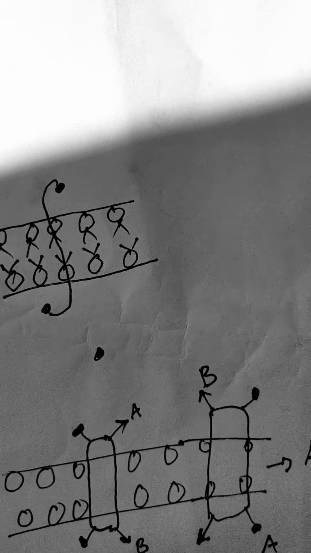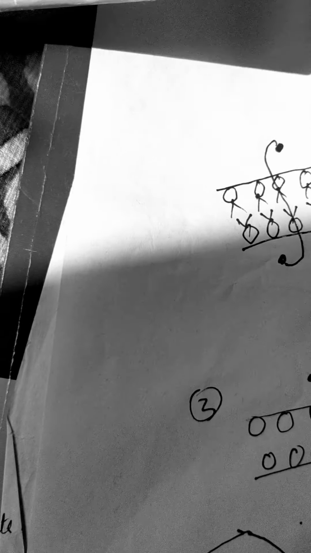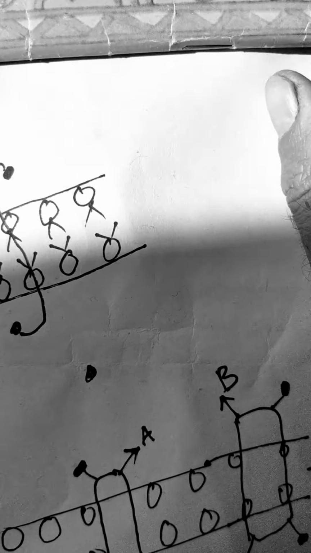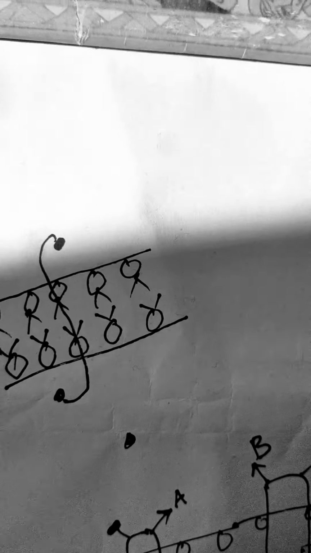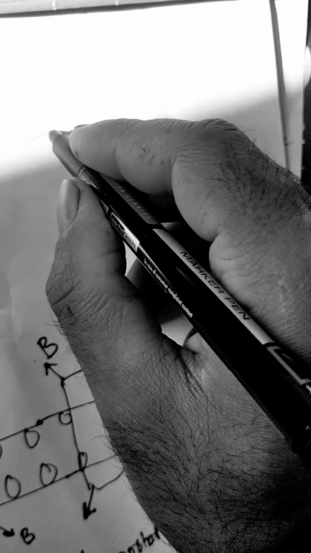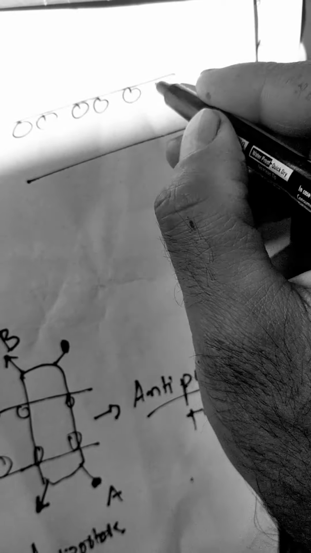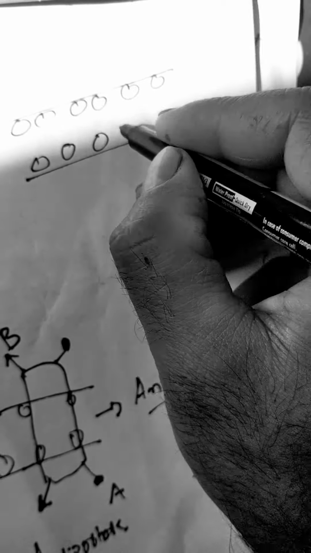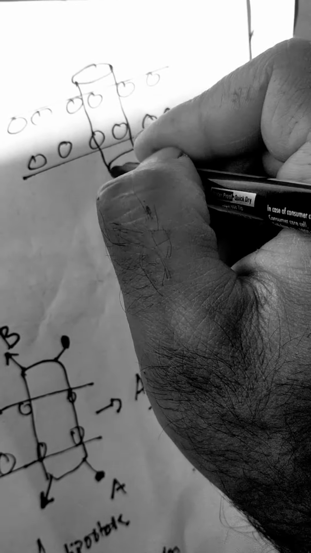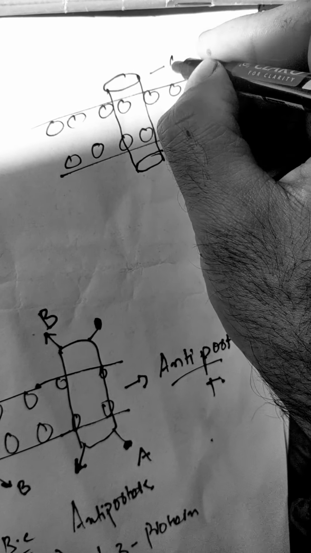There are also proteins. This is the plasma membrane. Okay, these are phospholipids. This is the transmembrane protein. This transmembrane protein is known as channel protein.